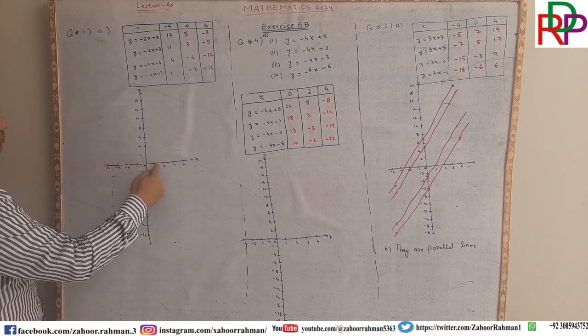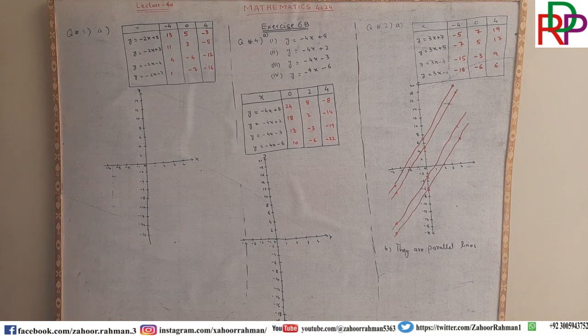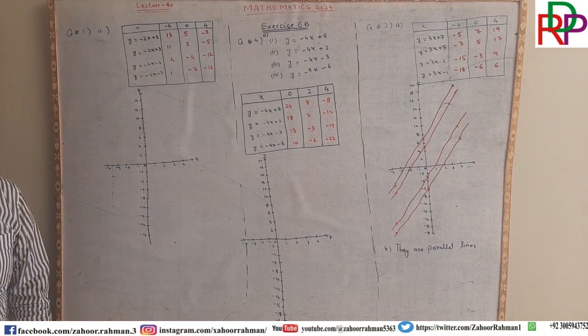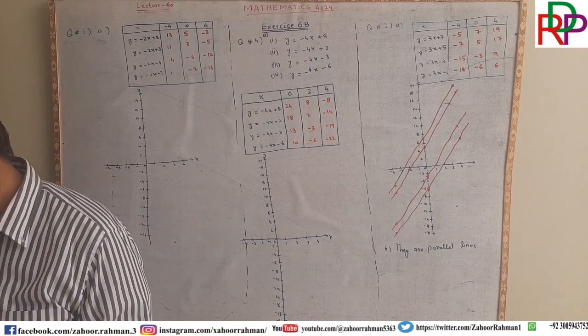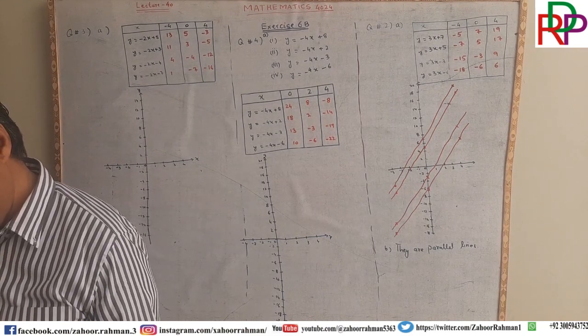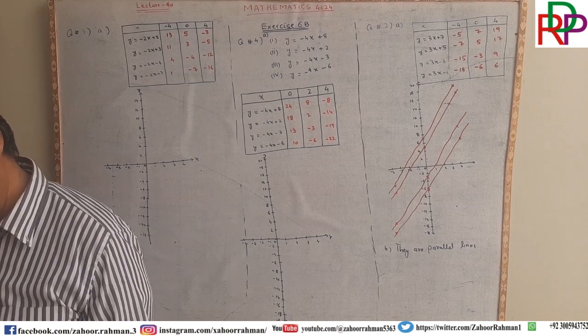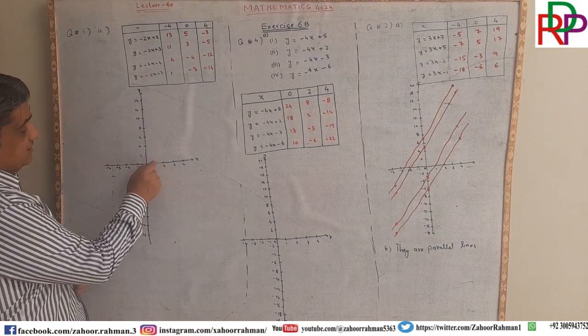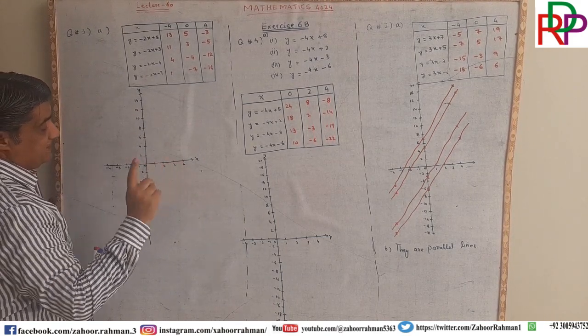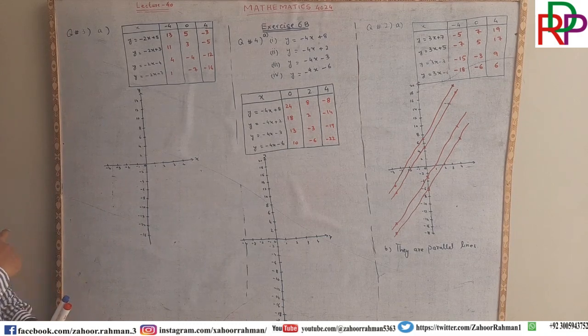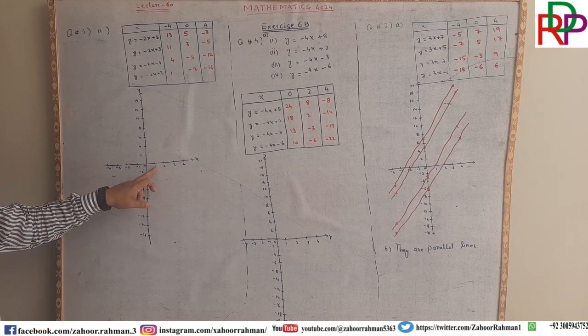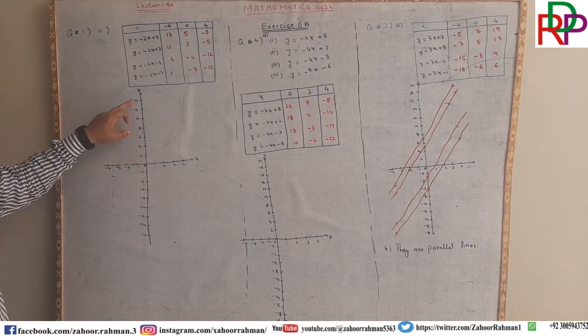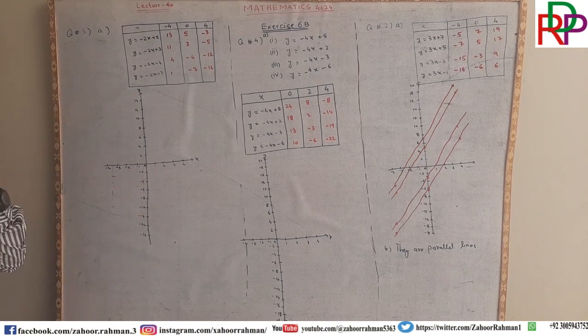So minus 4 to plus 4 with 1 difference, because it is said in the question 1 centimeter represents 1 unit on the x-axis. So 1 centimeter will represent 1 unit on the x-axis. You cannot take it as 2 just like the y-axis I took.